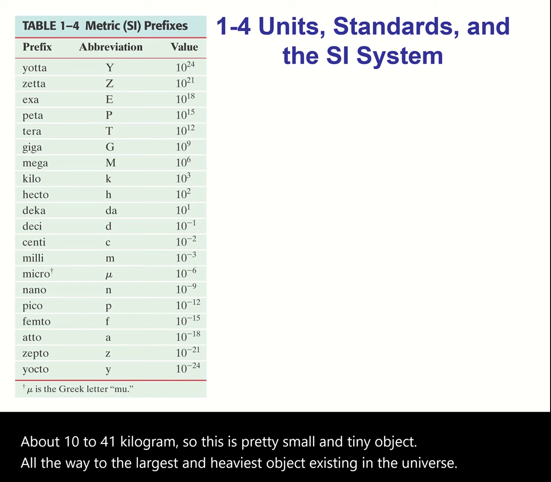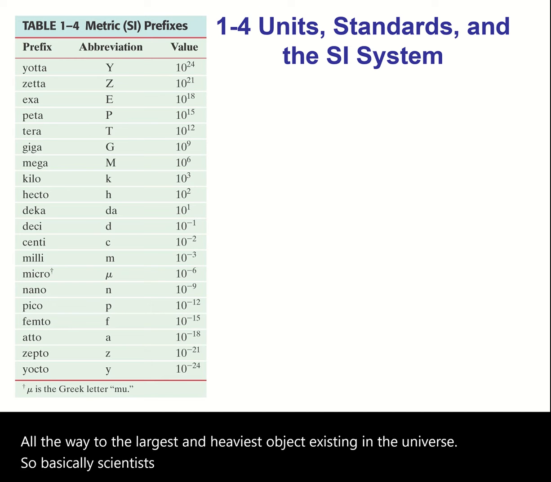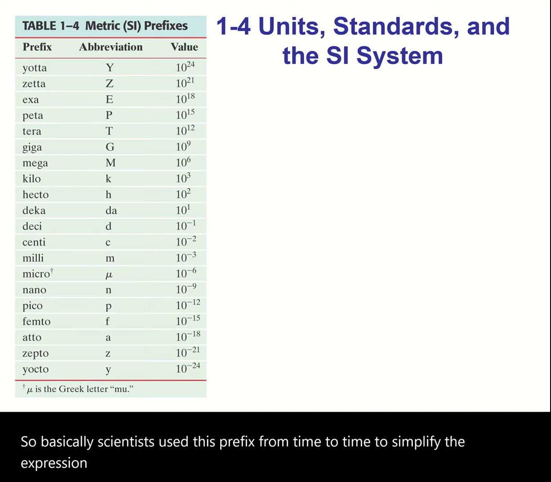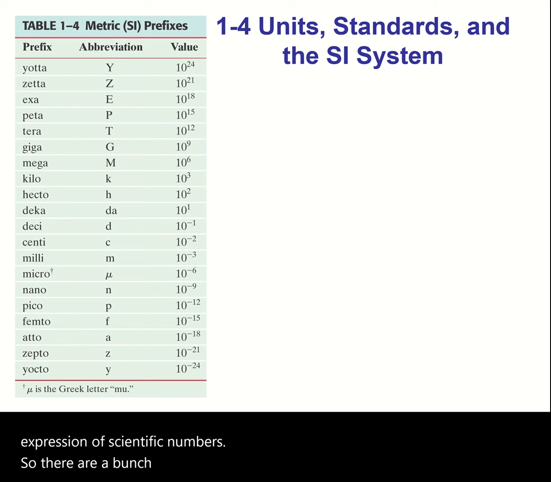So basically scientists use prefixes from time to time to simplify the expression of scientific numbers. There are a bunch of different prefixes used in science, from the largest number to the smallest number. They are split by 10 to the 3 scale.